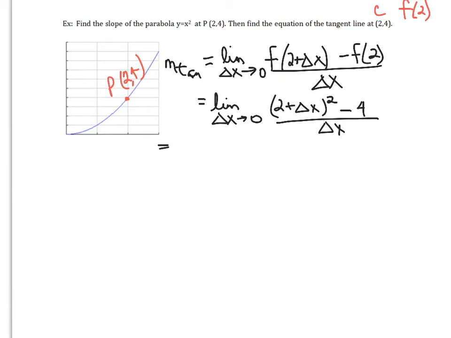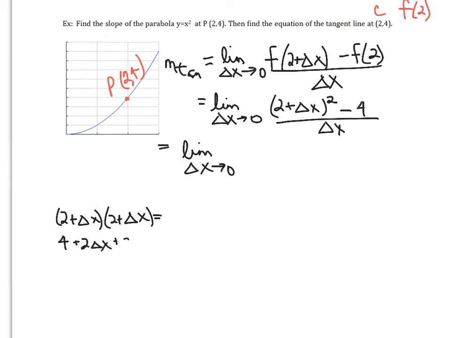So for this one, in order to find the slope of the tangent line, I'm going to have to simplify this numerator. If you have to go off to the side and say, okay, what is 2 plus delta x squared, by multiplying 2 plus delta x times 2 plus delta x, go ahead and do that. 2 times 2, of course, gives me 4. Outers gives me 2 delta x. Inners give me 2 delta x. And watch this last part.